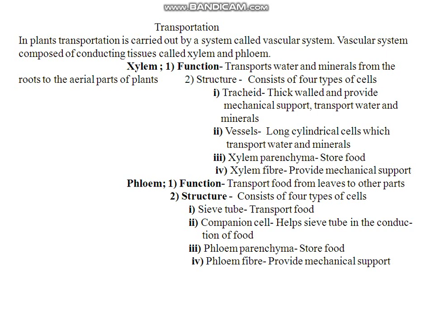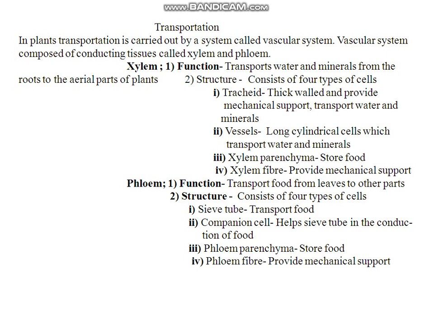Now the structure of phloem. Like xylem, phloem also consists of 4 types of cells, that is sieve tube, companion cell, phloem parenchyma and phloem fiber.